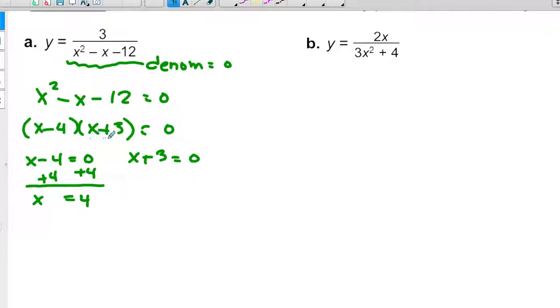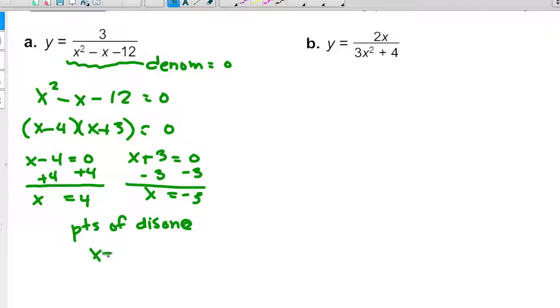So when you have it written down like this, if you want to say your points of discontinuity are when x is 4 and when x is negative 3, perfectly okay with that. Okay, this is just your breakdown of how you do it. Okay, so we have points of discontinuity at x is 4 and negative 3.